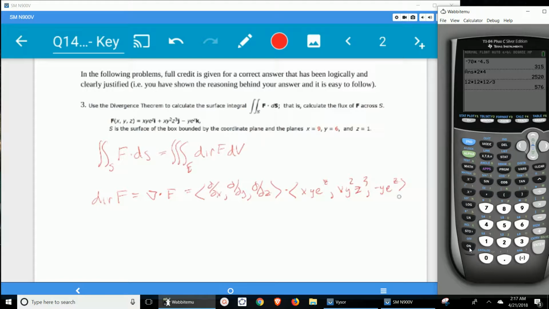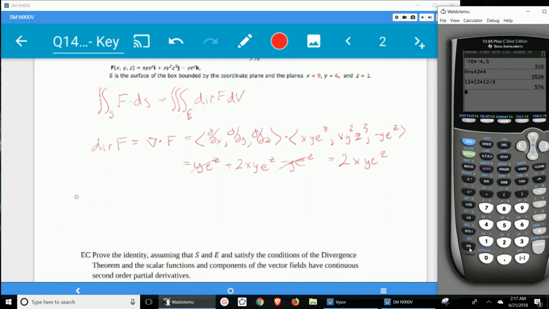We're doing that dot product, and then we're going to integrate it over E. So the partial of, okay, that's just y e to the z. That drops a 2 down. And then this one is the same, it doesn't change. And then we have cancellation, so it's just 2xy e to the z. That's the divergence of F.